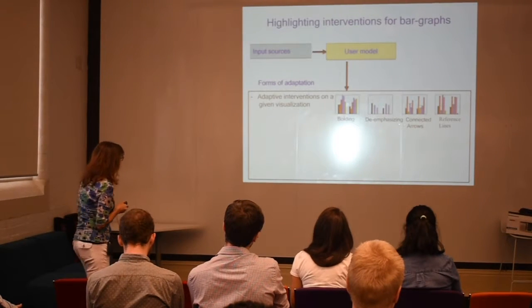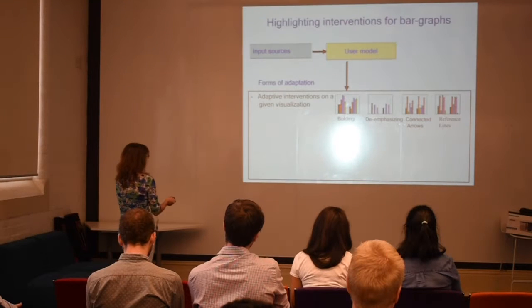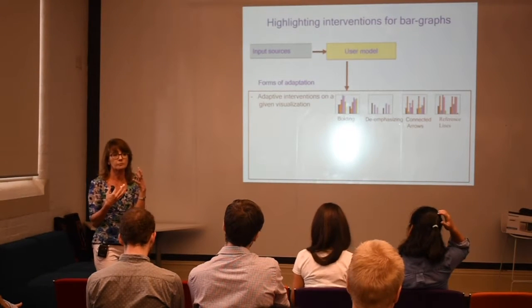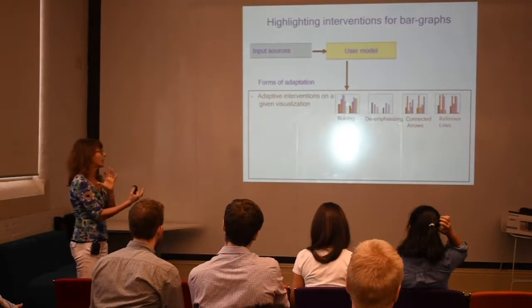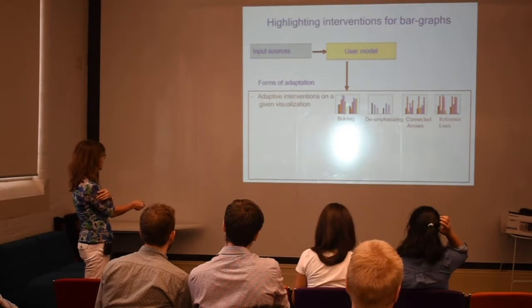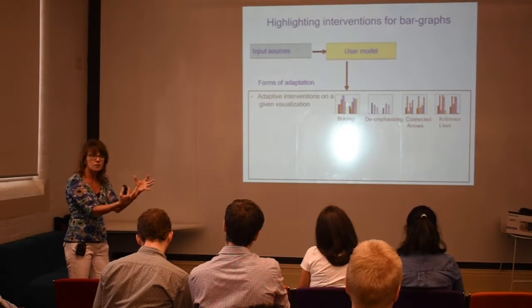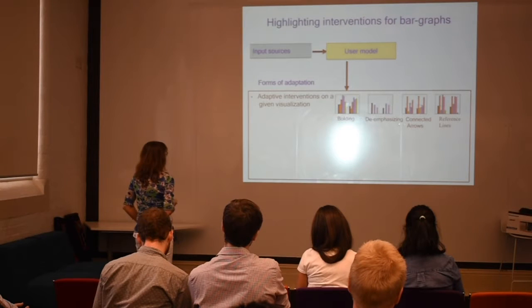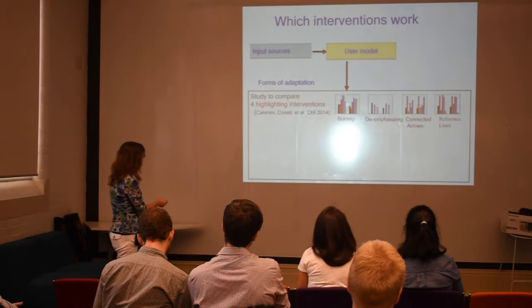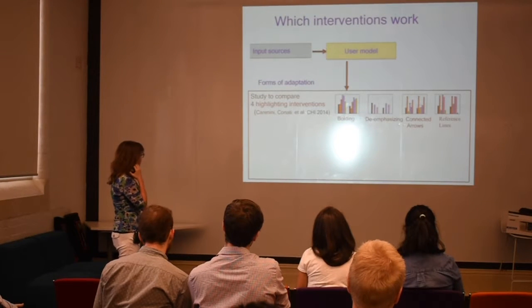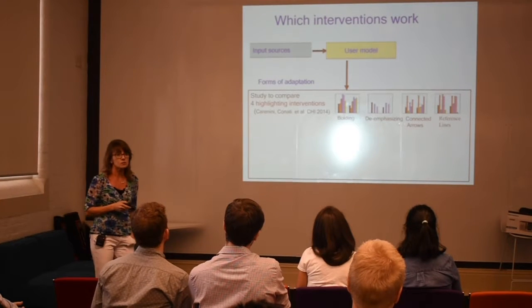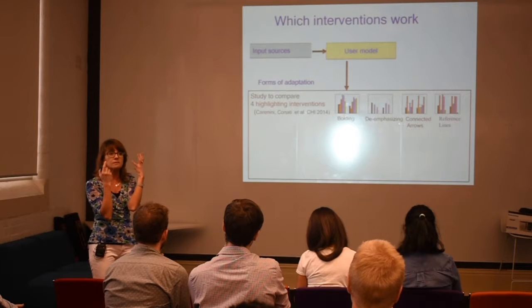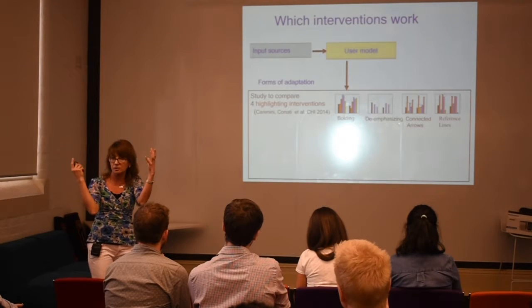If you remember my initial graph on how personalization could be provided, it's in the camp of providing adaptive interventions on a given visualization to improve the processing of that visualization. So there was a study where we tried 4 different interventions to highlight bars that would be relevant to understand the specific trend in the data.